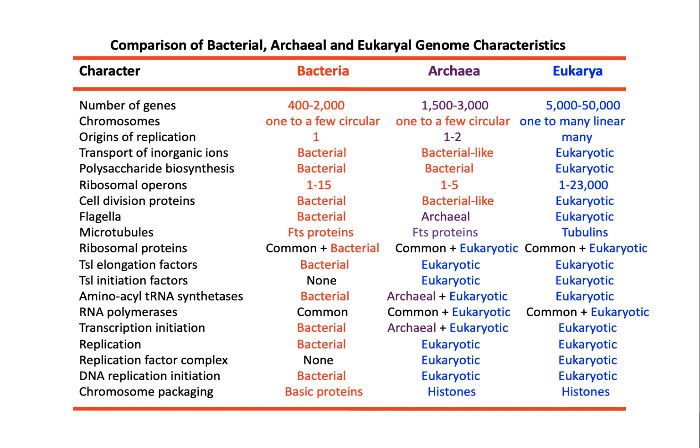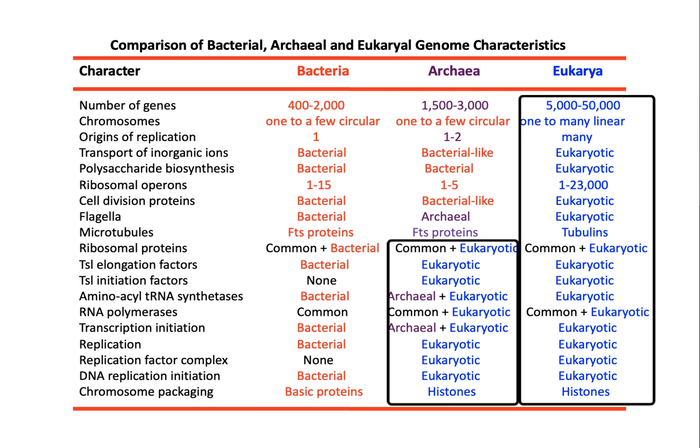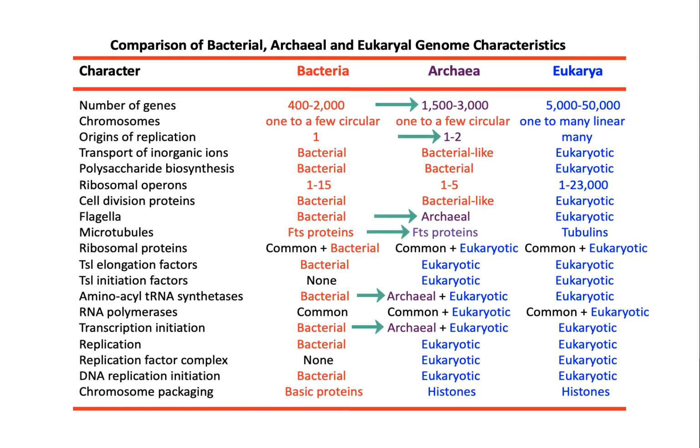So there's a comparison between bacteria, and in this case it was E. coli, Archaea, Methanococcus, and eukarya. This was compared to Saccharomyces in this case. So everything that's bacterial-like is in red, everything that's eukaryotic-like is in blue, and purple is specific to Archaea.